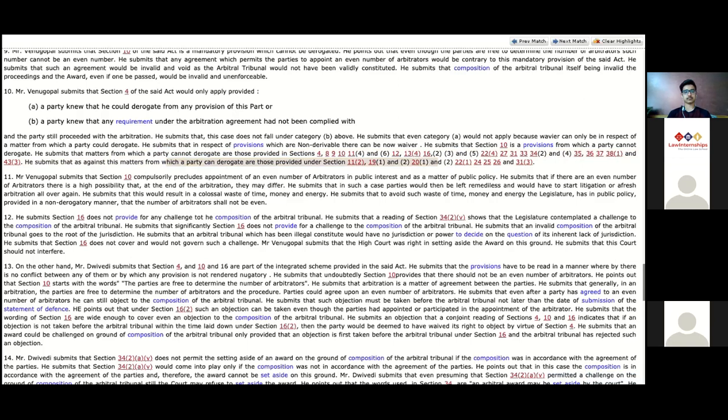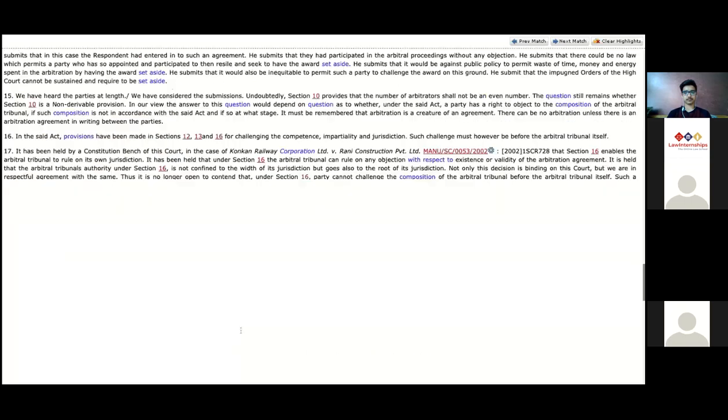Everyone who was well versed with the judgment knew what the court held. My mistake was to look into what the court did while recording the submission of the counsel. You can see that Mr. Venugopal submits section 4 would apply only this, and the party still proceeded. He submits that in respect of this. He submits. So clearly this was not what the court was holding.